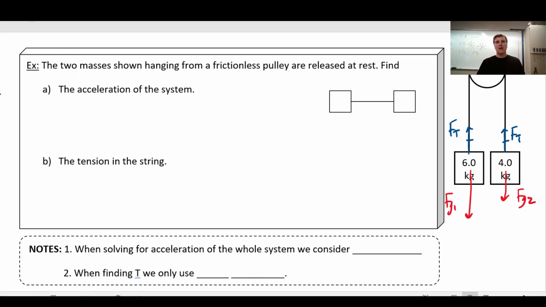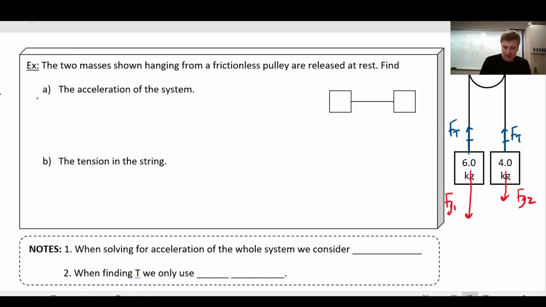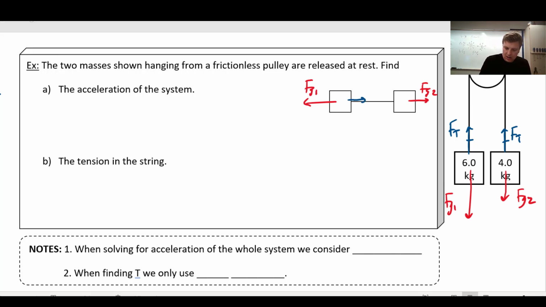The tension forces have to be the same. Even when the weights are not equal, the tension forces have to be the same because the rope's not stretching. If I want to visualize this all in a line like I did before, and if this helps, do it, and if it doesn't help, then you don't have to. But I've got FG1 this way, and then a smaller FG2 that way. And then I've got my two tension forces pulling inwards on each of these masses, FT and FT.